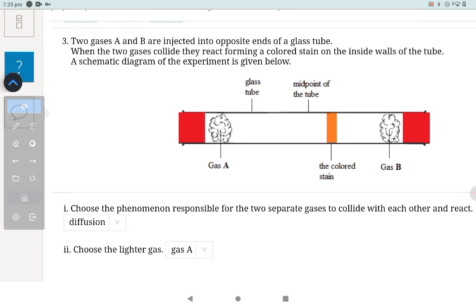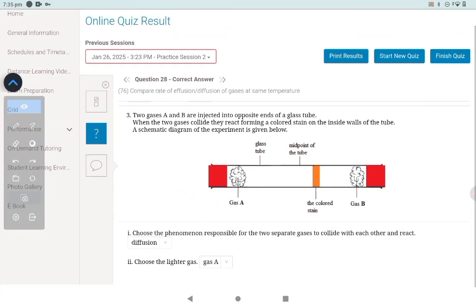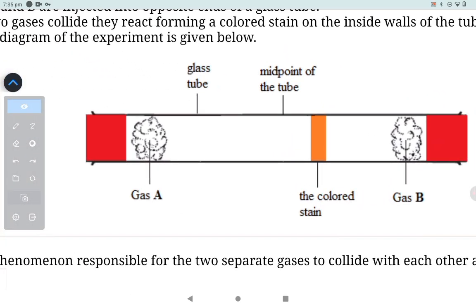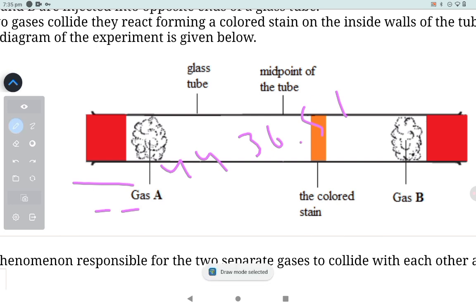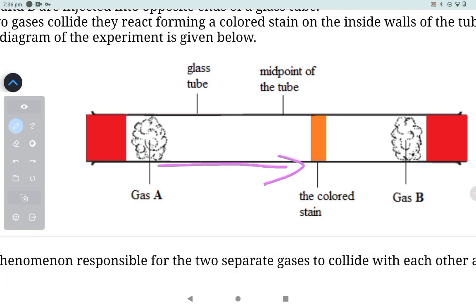Okay, choose a lighter gas. Here gas A and gas B. Gas A, this is the midpoint as shown here. This is the midpoint, the orange tube. So gas A reached this part, the colored stain, faster than it did for gas B. Okay, this was the point at which both of them collide, and gas A reached a further distance than gas B did.